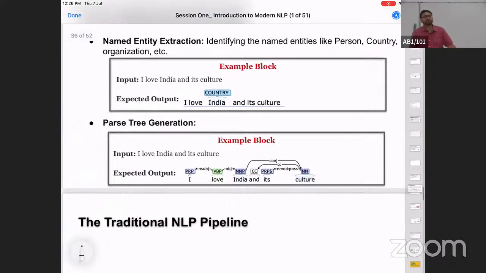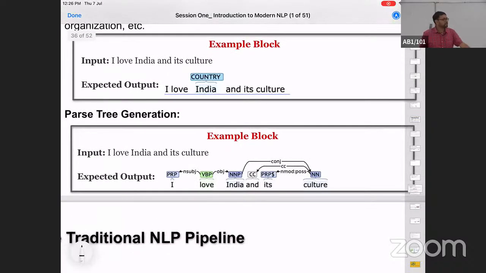And finally, we also want to generate these nice parse trees. Input is going to be this: I love India and its culture, and the parse tree is going to look like this. The POS tags were token specific, right? For each token, there will be one POS tag. But different words can also be connected together.